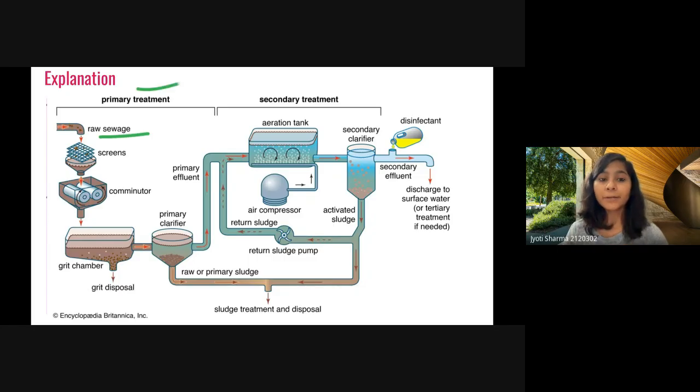The first is primary treatment, then secondary treatment, then we have tertiary, and within tertiary we may have disinfectant and other advanced processes that we can have. And before this primary treatment we may have pre-treatment, right? So that's how we do have four steps, and we have to go one by one.